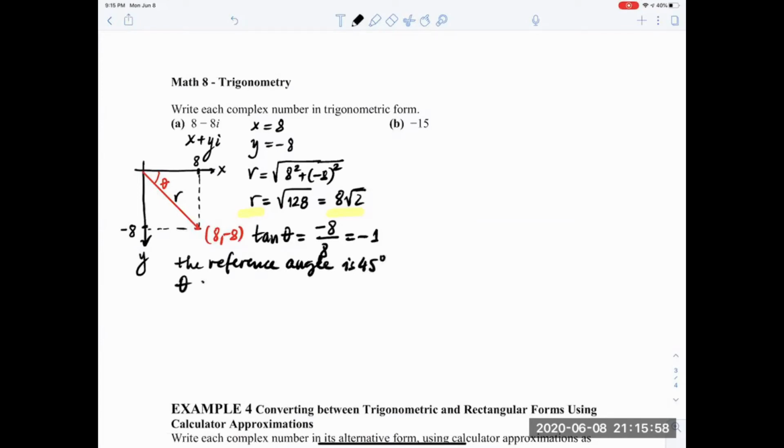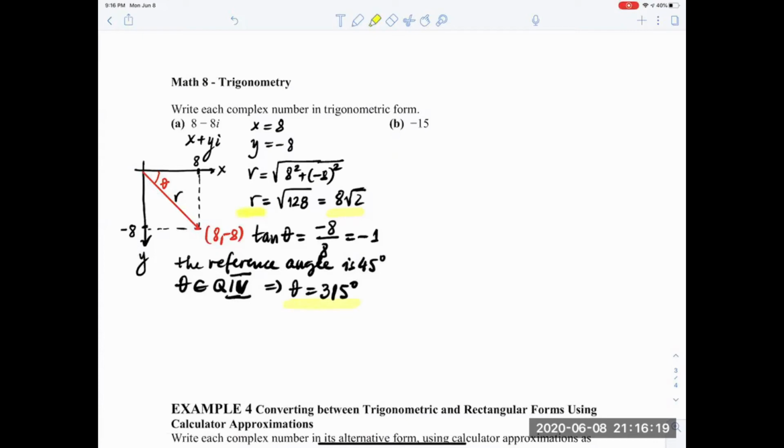So theta belongs to Q4. Meaning that you do 360 minus your 45, you get nothing else but theta equals 315. So pay attention to that, because that tells you what kind of reference angle you should use.